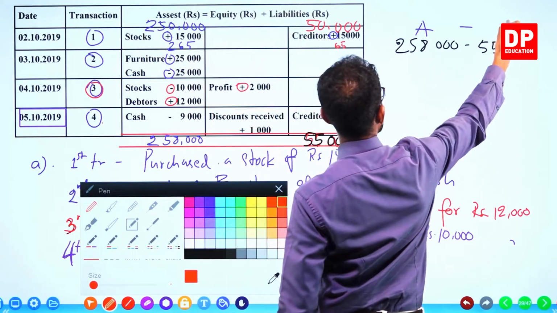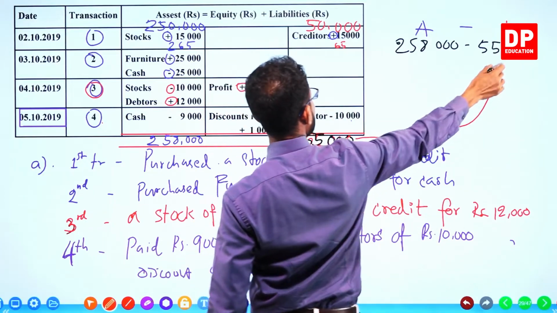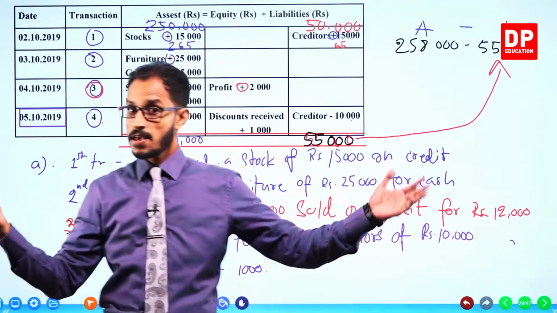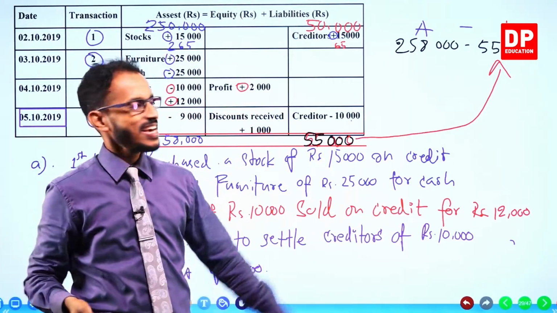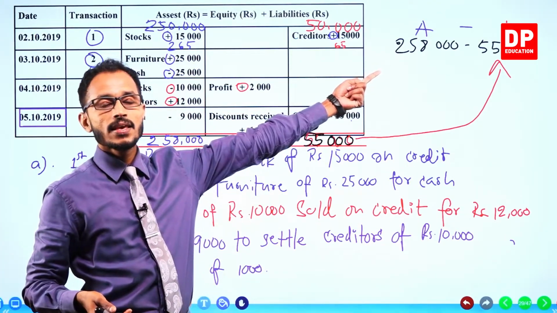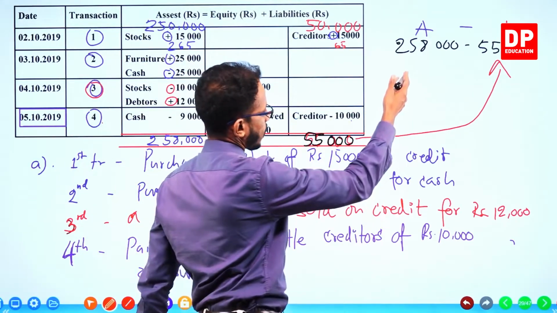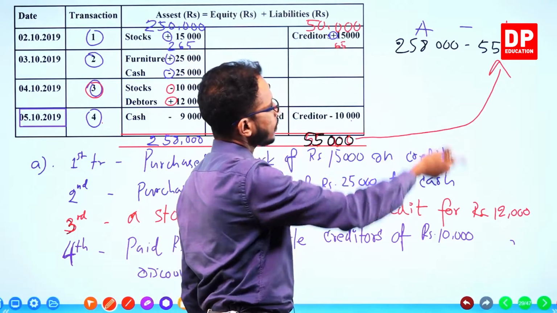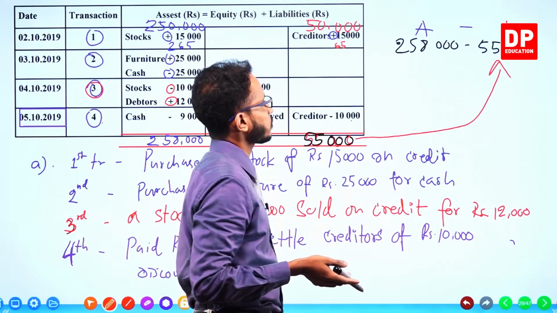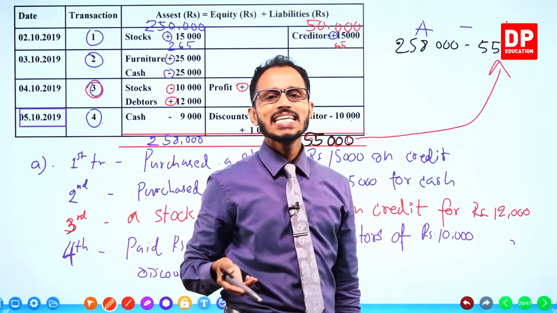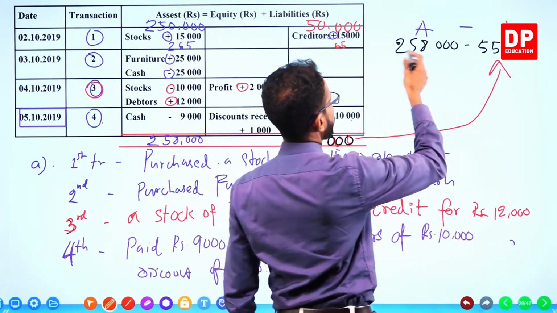The liabilities. Assets minus liabilities equals equity. So 258,000 minus 55,000, 203,000 is the equity.